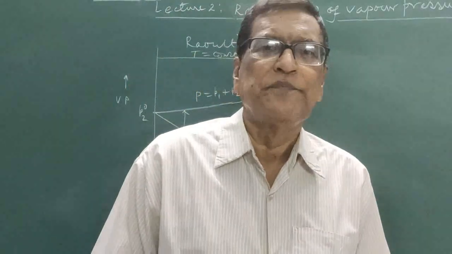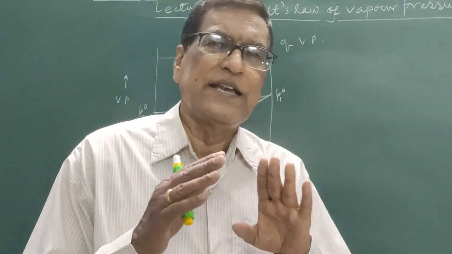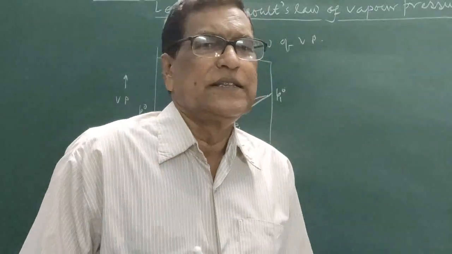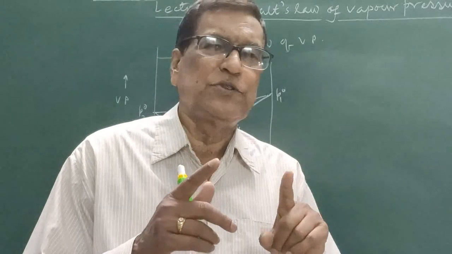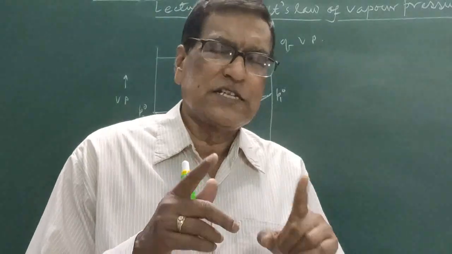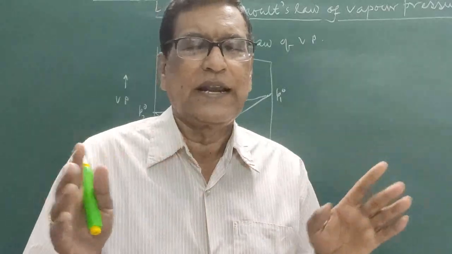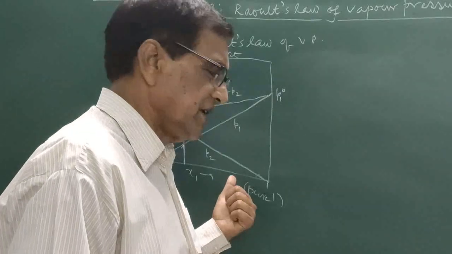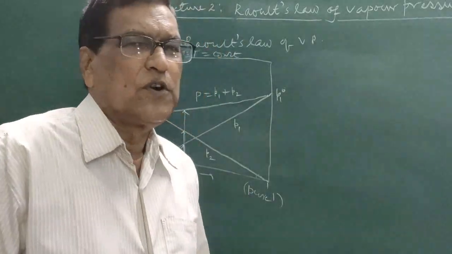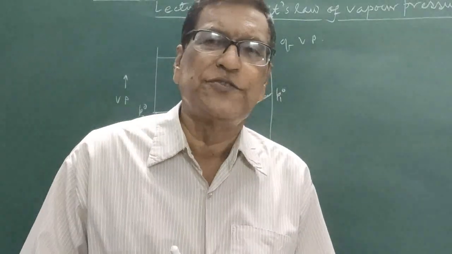Or we can say, like the definition of an ideal gas: an ideal gas is that gas which obeys the PV equal to nRT equation. So one equation characterizes the ideal gas. Similarly, Raoult's law also characterizes ideal solutions.